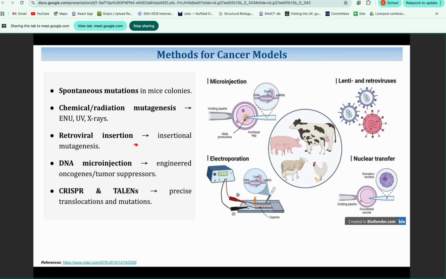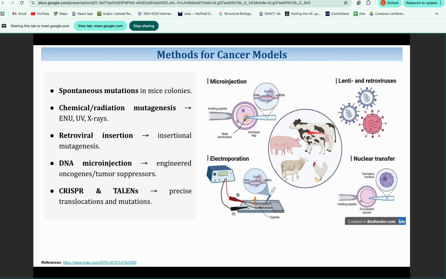Then comes retroviral insertion. So insertional mutagenesis can be done. DNA microinjection. So engineered oncogenes and tumor suppressors can be supplied with the help of microinjection. Then CRISPR and TALENs. So these are used for the precise translocations and mutations.